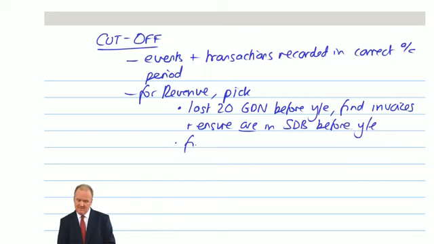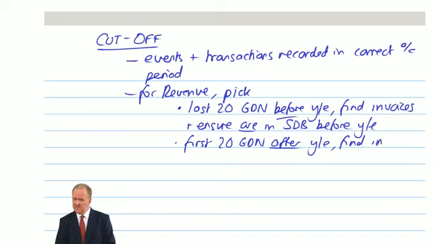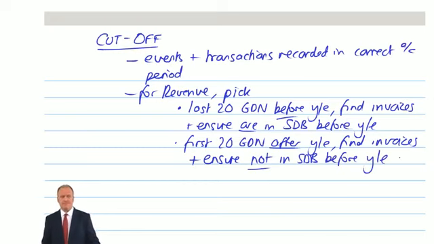I would then pick the first 20 goods dispatch notes after the year end. I would find the invoices and I would ensure they are not in the sales daybook before the year end. And that is cutoff.